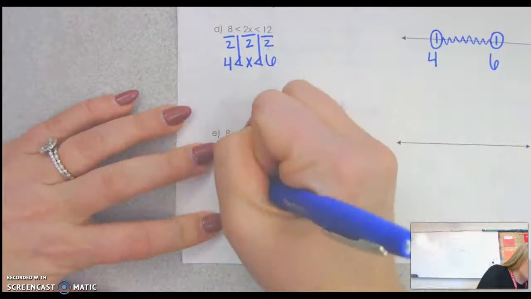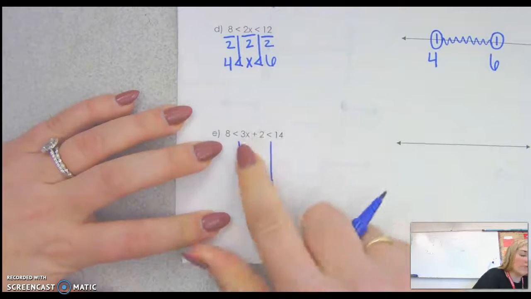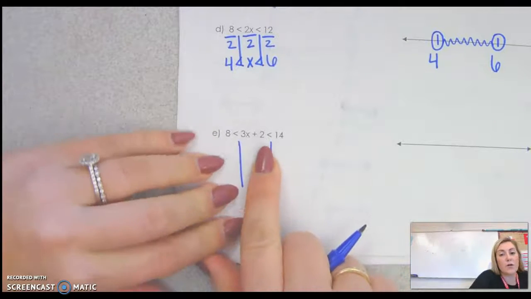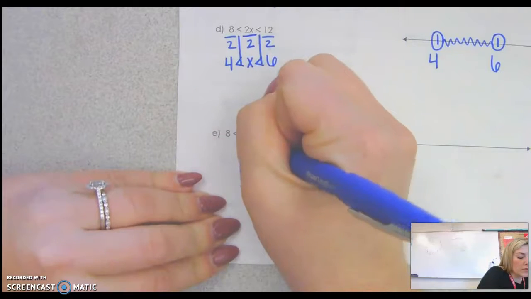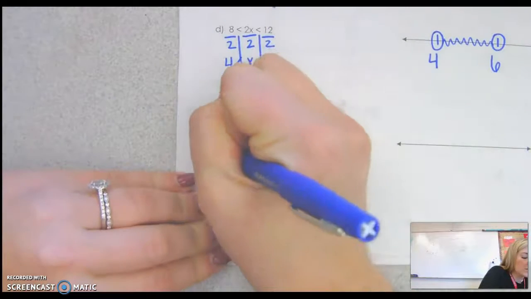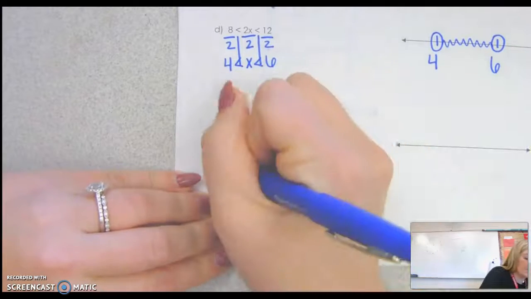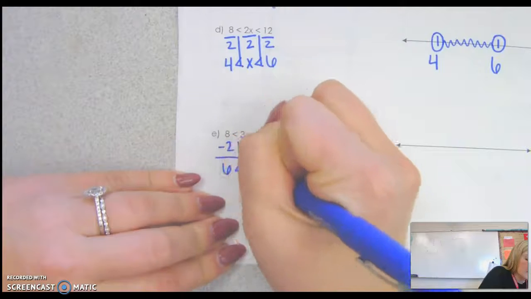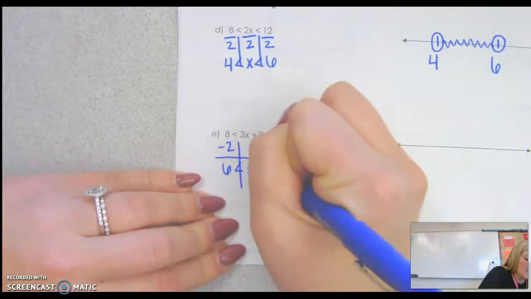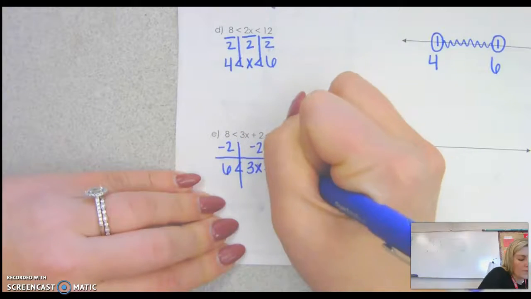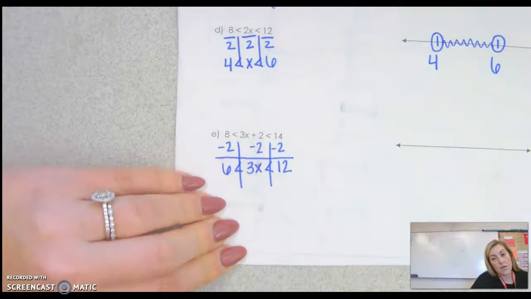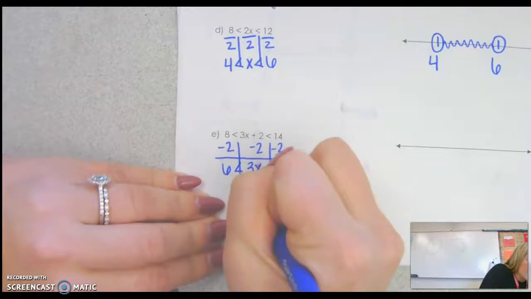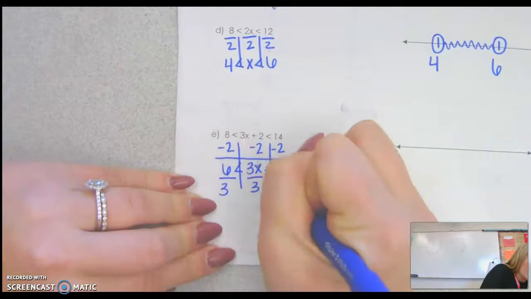Let's do 1 more. So I need to solve for the x that's inside. So the first thing I need to do is get rid of that plus 2. So I'm going to first subtract 2 from everything. I get 6 is less than 3x is less than 12. Now my x is still not by itself, so I need to divide everything by 3.